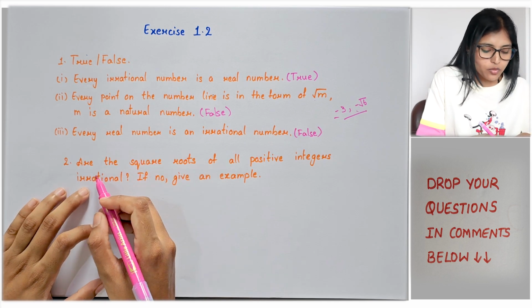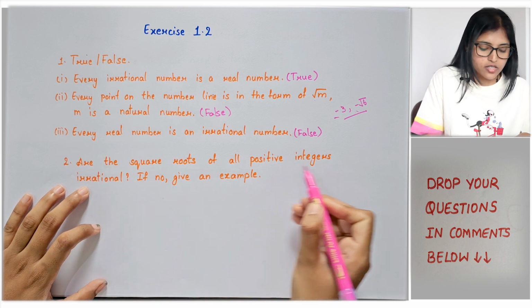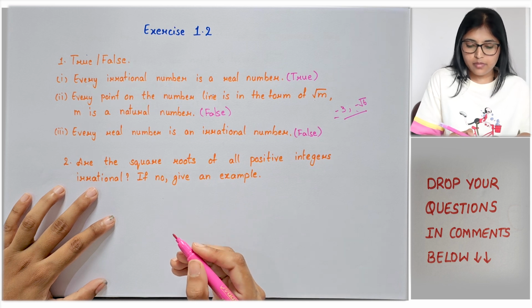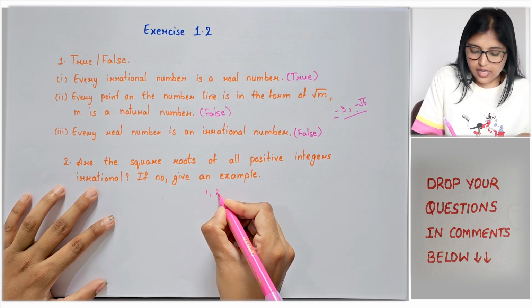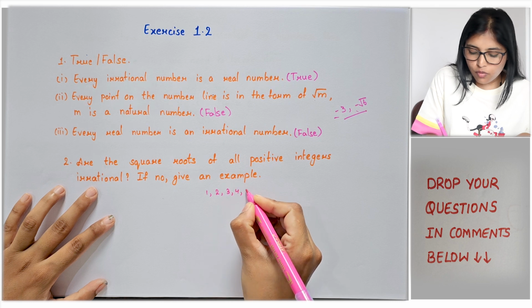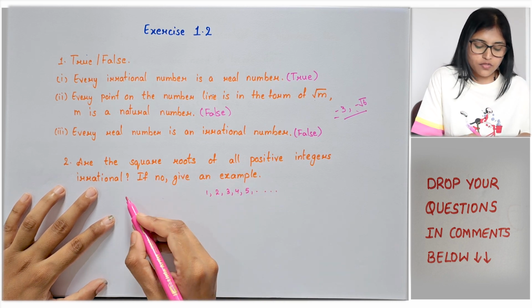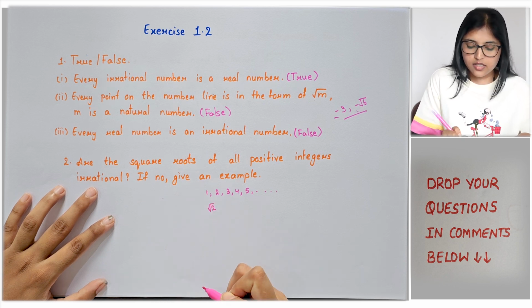Moving on to the second question, they're asking us if the square roots of all positive integers are irrational. If no, give an example. So we know positive integers, for example, are 1, 2, 3, 4, 5, and so on. So is every square root of a positive integer irrational? Let's see. Root 2, yes, it is irrational.